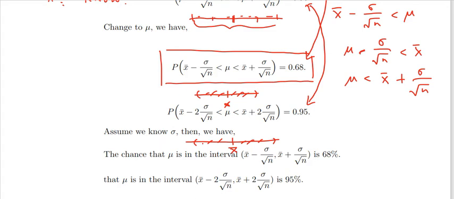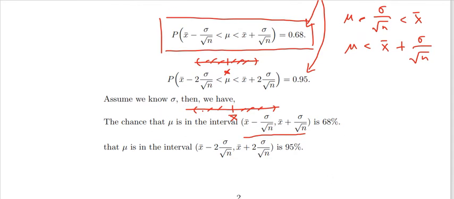So we can say the probability or the chance of mu being in this interval is 68%, and mu in this interval is 95%. So we have 68% confidence to say mu is in this interval, and we have 95% confidence to say mu is in this interval.